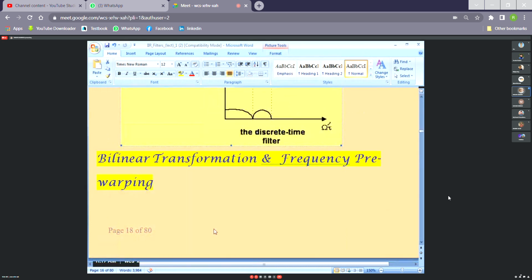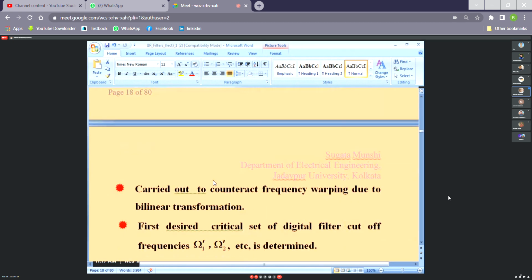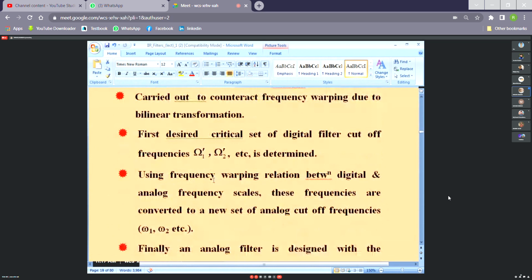So come to bilinear transformation and frequency pre-warping. Write down these parts which I have already pointed out. First, the desired critical set of digital filter corner frequencies, capital omega 1 prime, capital omega 2 prime, etc., are determined from the specifications given.